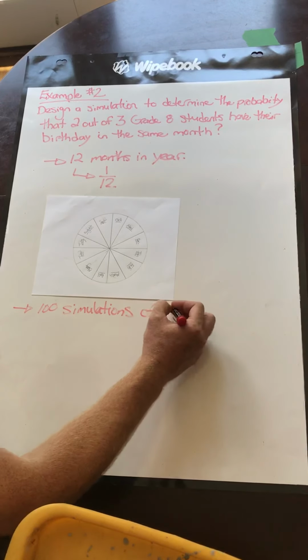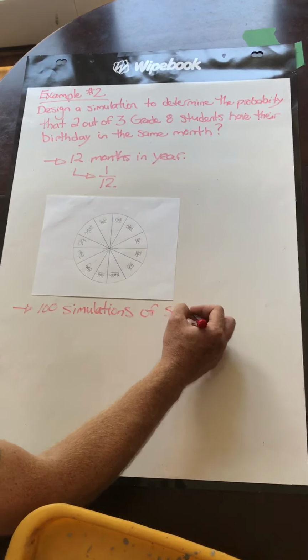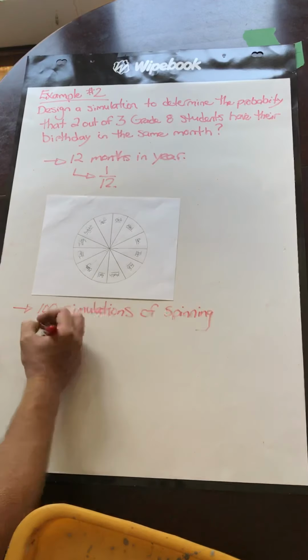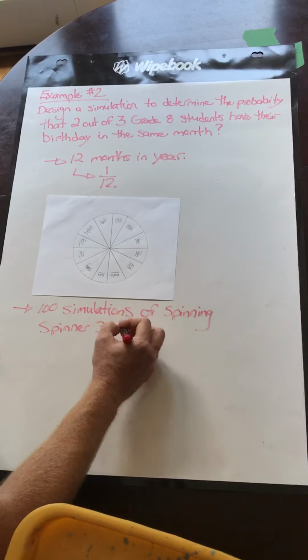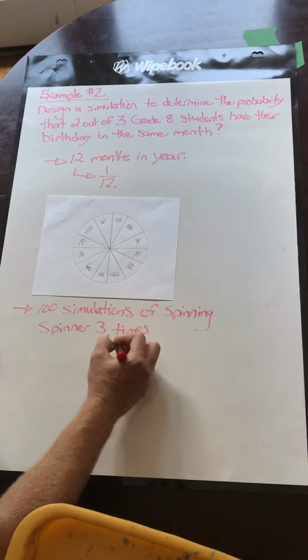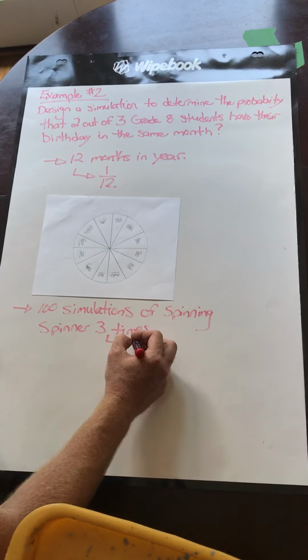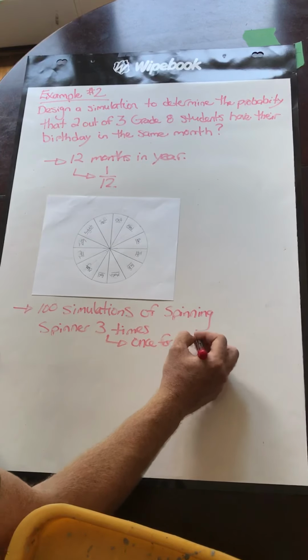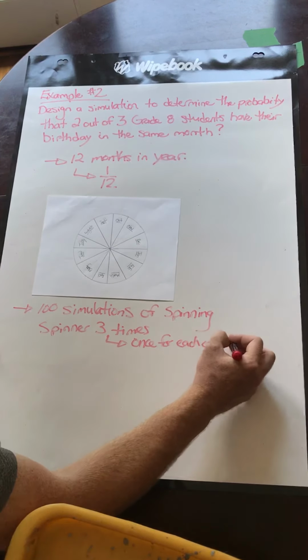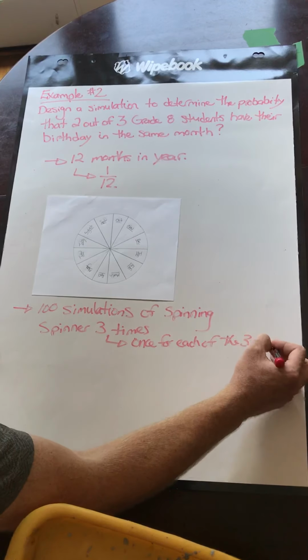Of spinning the spinner 3 times. And again, why do we spin it 3 times? Because it's once for each of the 3 students.